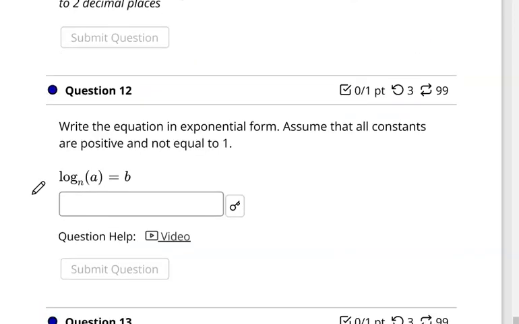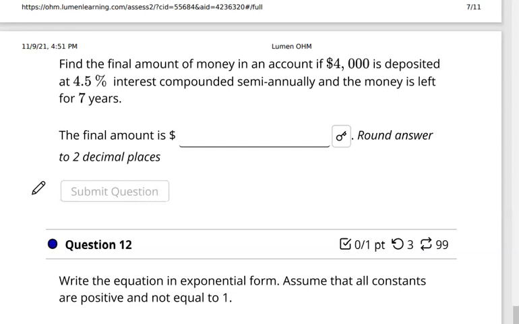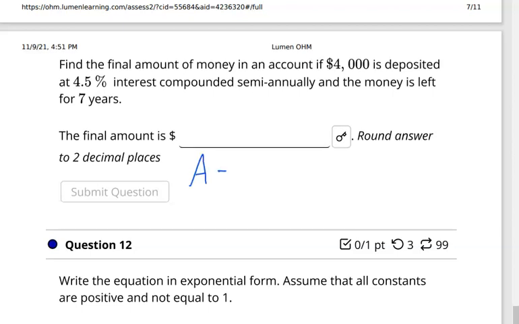Now this one, we just use our interest formula. And remember, our interest formula, the result of our investment, A, is equal to the initial investment, P, times 1 plus my rate of investment in decimal. Remember that, converting percent to decimal.